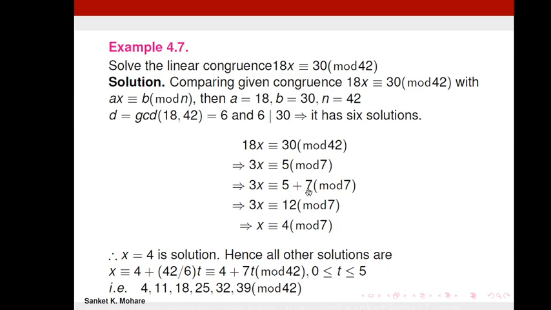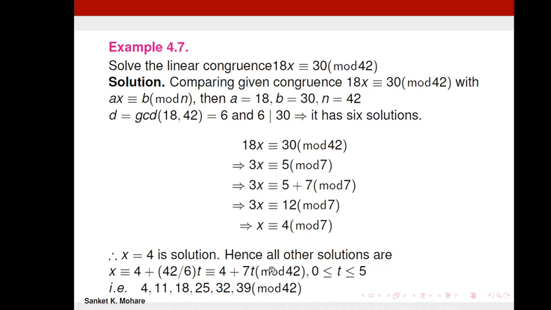So here I add 1 times 7, that is 7. So 5 plus 7, 12. So this implies 3x is congruent to 12 modulo 7, which implies x is congruent to 4 modulo 7. So therefore x equals 4 is a solution.